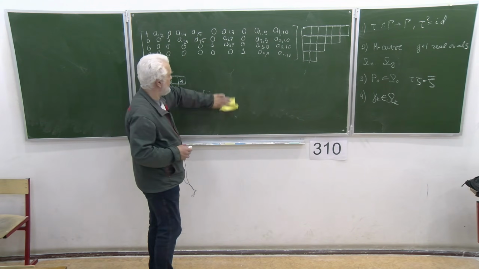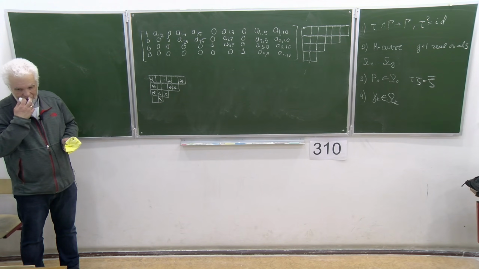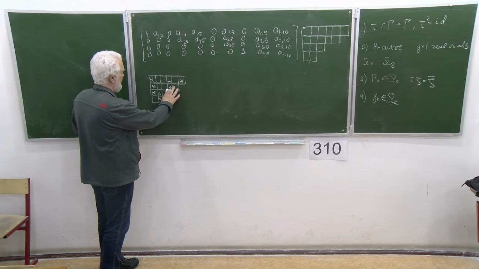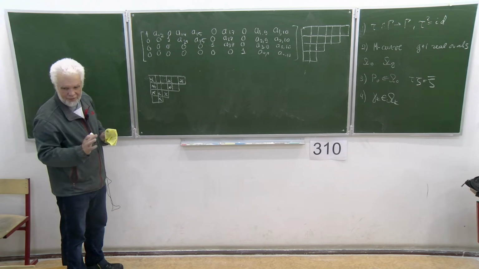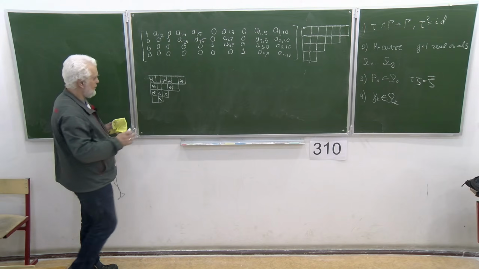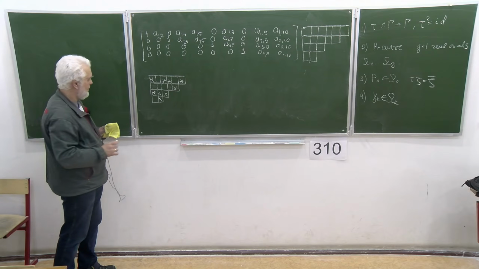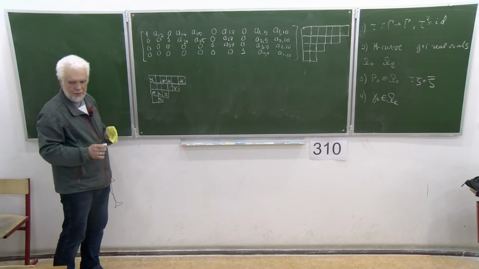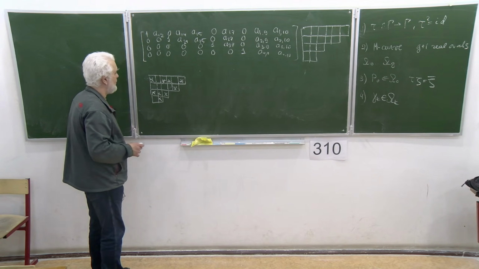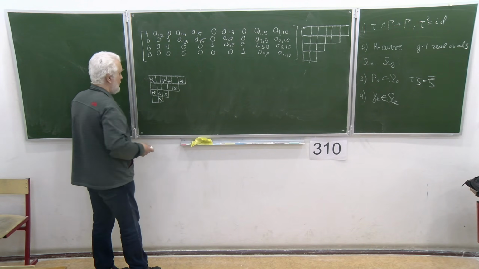Now, the next step is the following. Let me now define the parameterization. The next step is Postnikov's.